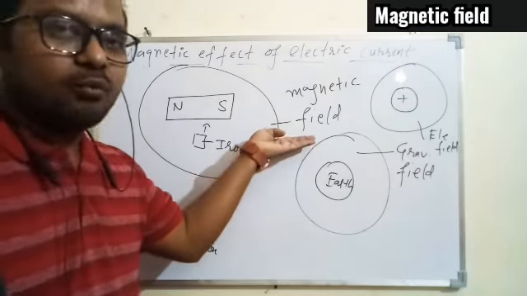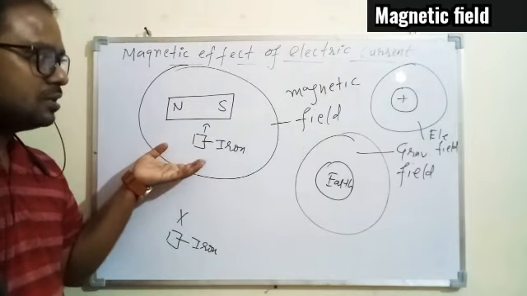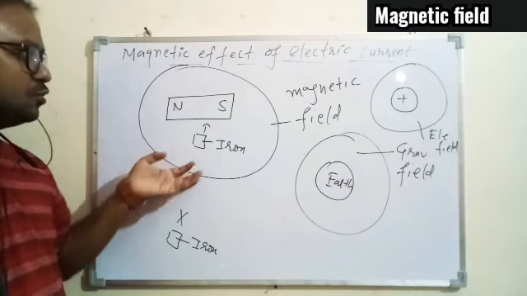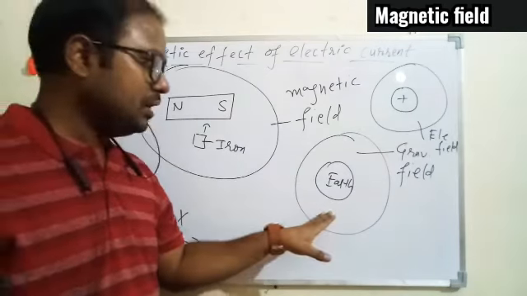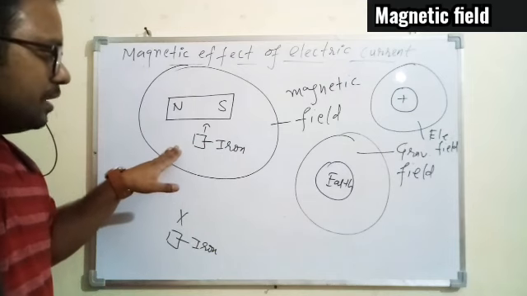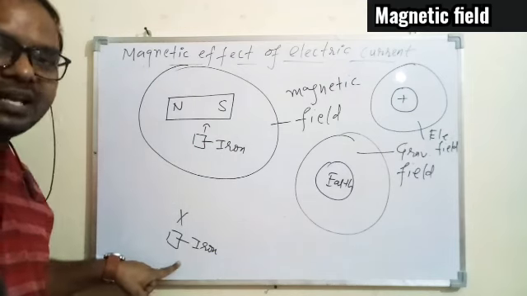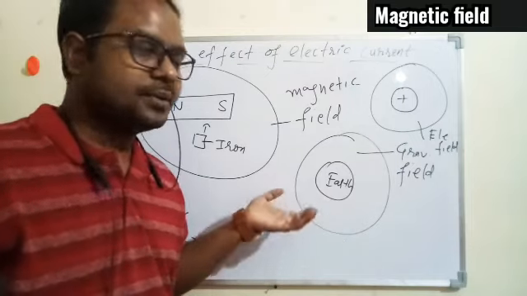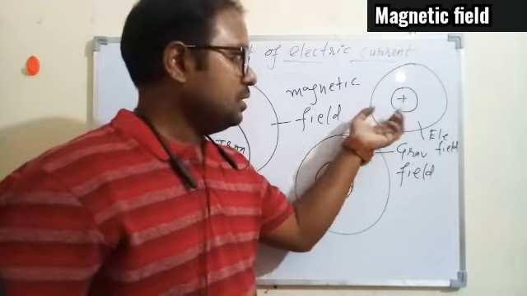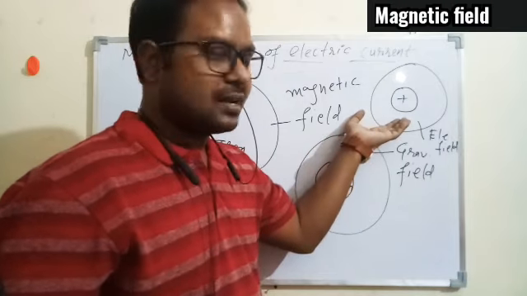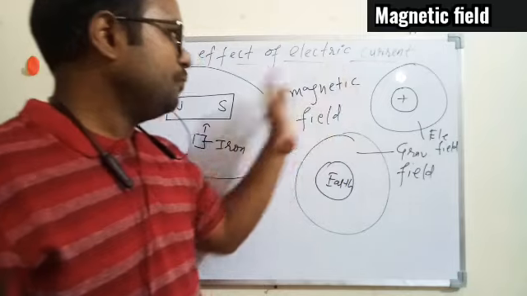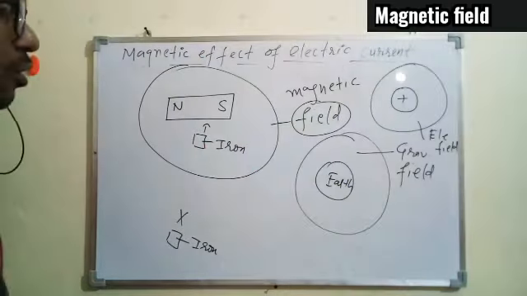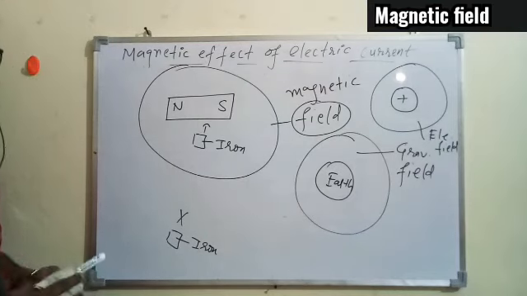Field is just a way to show the force acting on a given object. Within the magnetic field, the force can be felt by any magnetic material. Within the gravitational field, any object can be attracted by the earth. Within the electrostatic field, some charges can be attracted or repelled by the main charge. That is how the meaning of field is very important, and it always comes in the concept of non-contact forces.